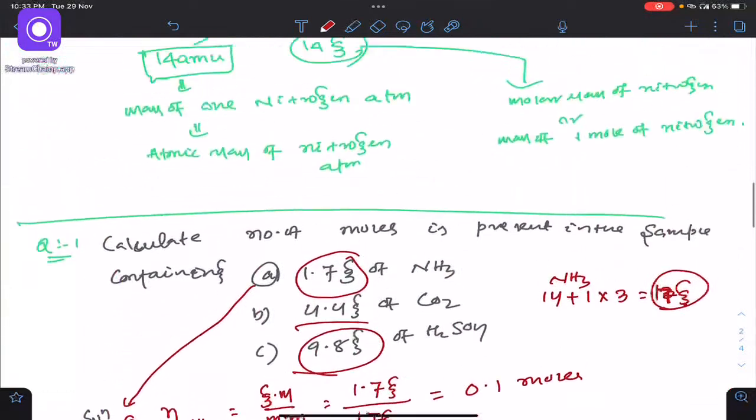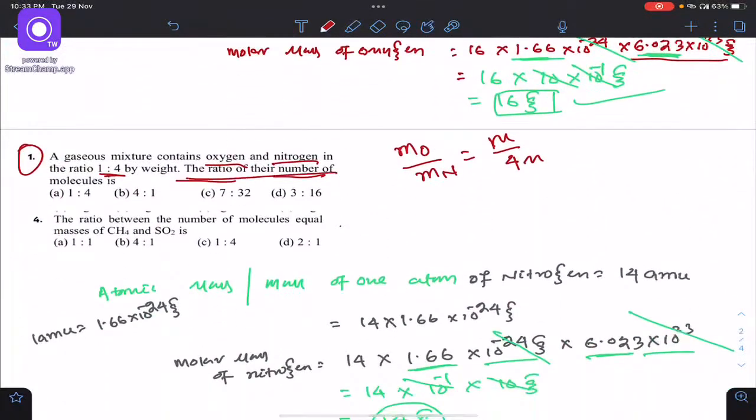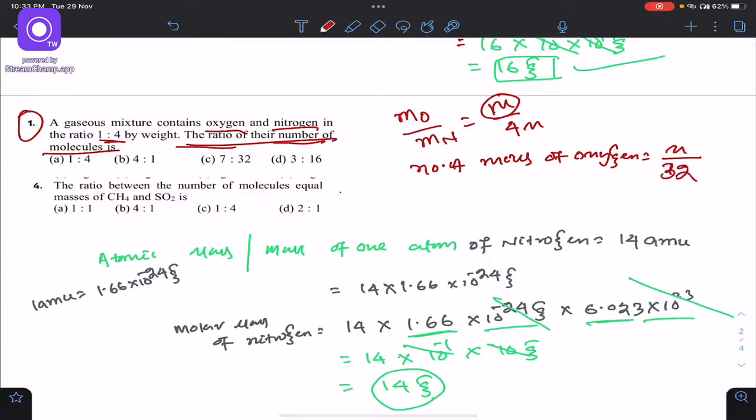See, next come to this question. The question is the ratio of number of molecules. So number of moles of oxygen is equal to given mass x divided by molar mass. What is the molar mass of oxygen? 32.